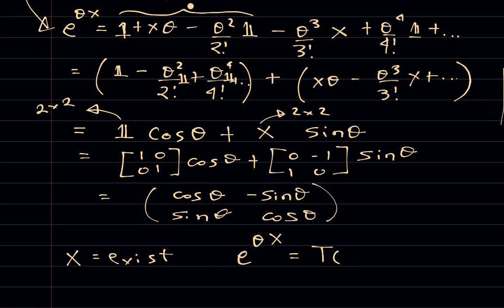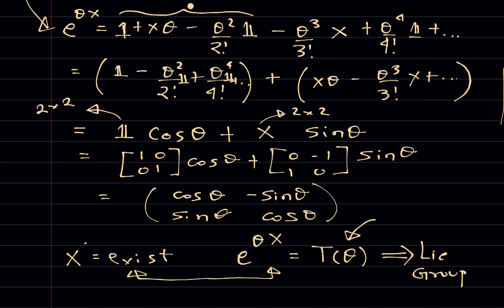some element of the group, and then if these two are satisfied, and then this forms a group, then I would say that T of theta is a Lie group, and the generator of T of theta, so let me put x prime, the generator of T of theta is x prime. So this is the whole idea behind Lie group.